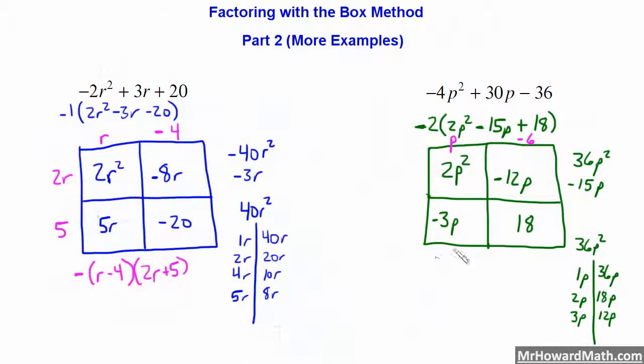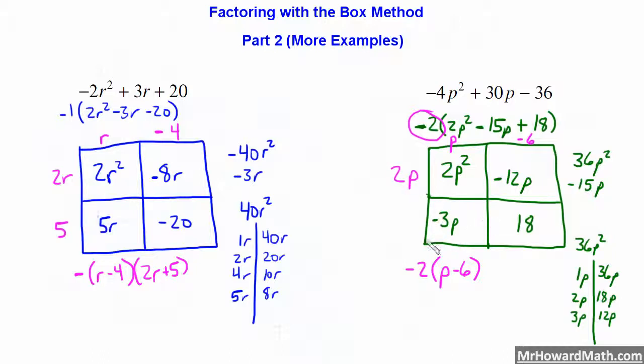So we've got a p minus 6 already identified for one of our factors here. Remember, it's very important that we put this -2 down here, so I'm going to go ahead and add that so we don't forget it. Now we need to go for our row here and pull out a greatest common factor. That's going to be a 2p.